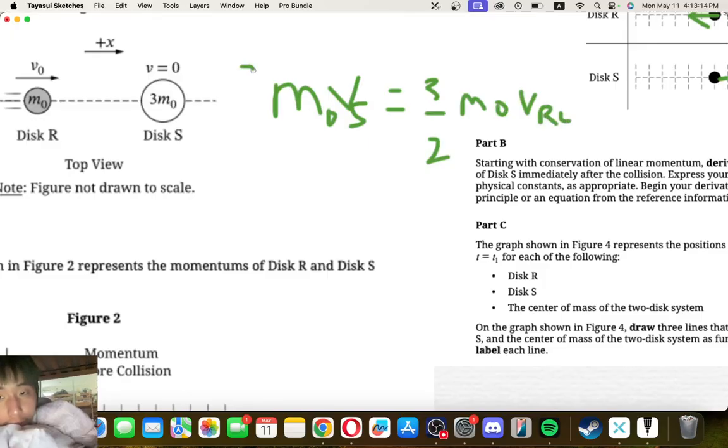And so basically you divide, cancel, VS equals 1/2 MOVO for R.